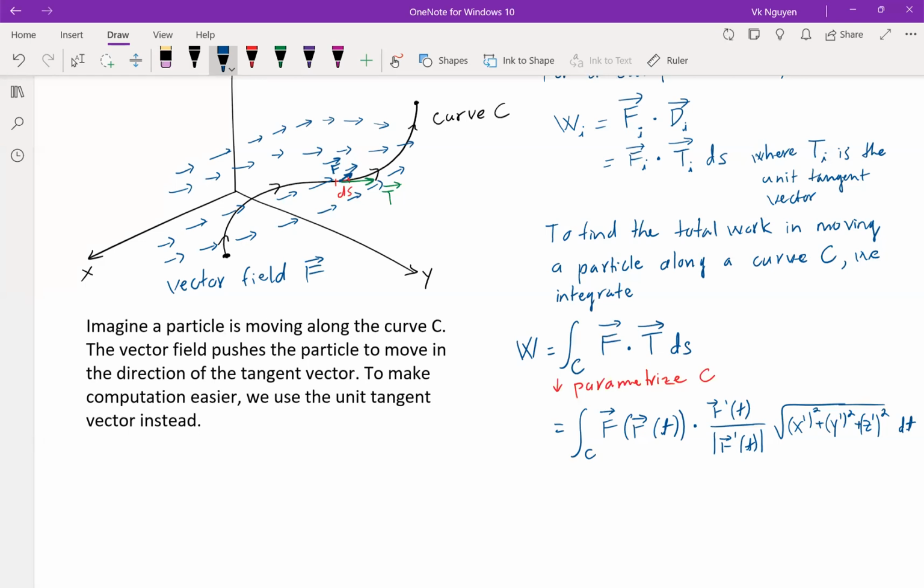What is this one? The square root of x prime squared plus y prime squared plus z prime squared. This is the same as the magnitude of the tangent vector.